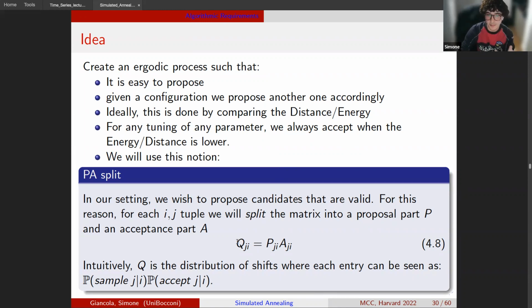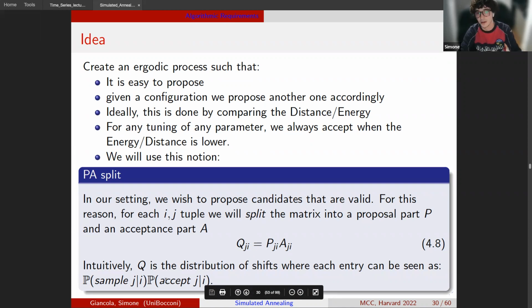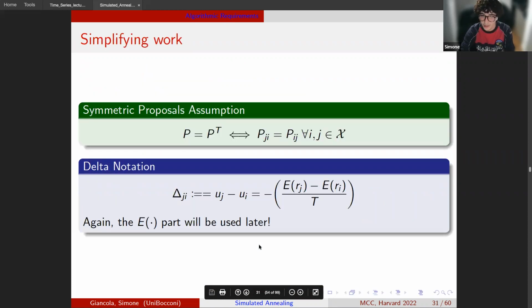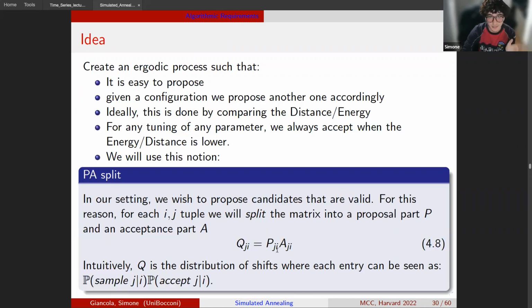In the end, the transition matrix Q for each position of the matrix denotes the probability of shifting from a state to another. We could split this probability in a probability of sampling a state from another, which is P, and the probability of accepting this proposal, given the one we are seeing at the moment, which is A. These two matrices are matrices of probabilities, and this multiplication is done element by element, ij, ij.